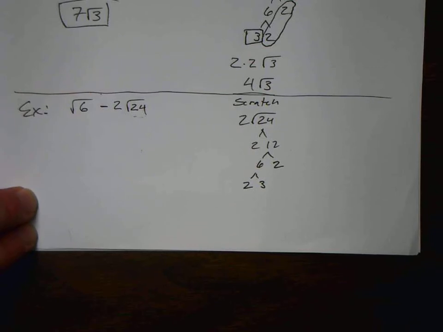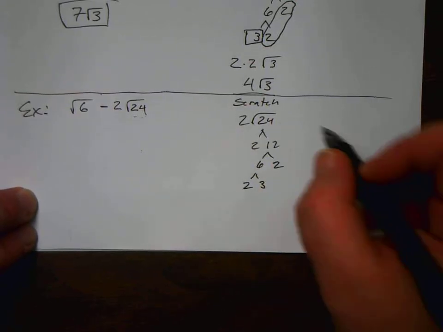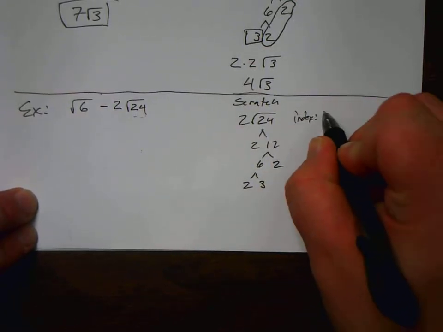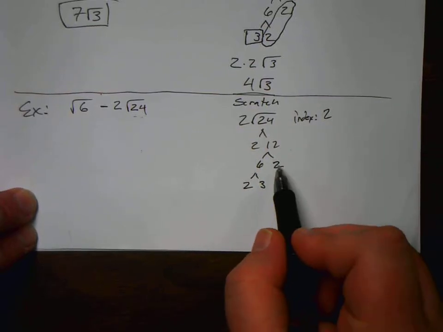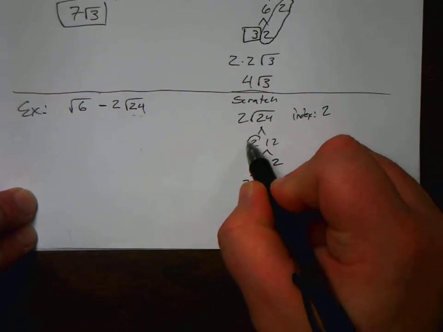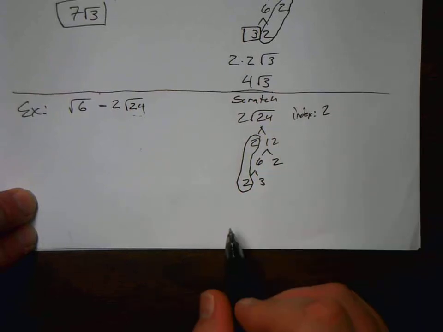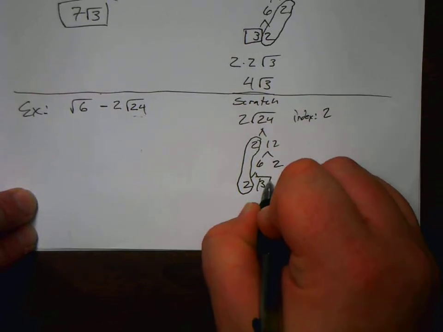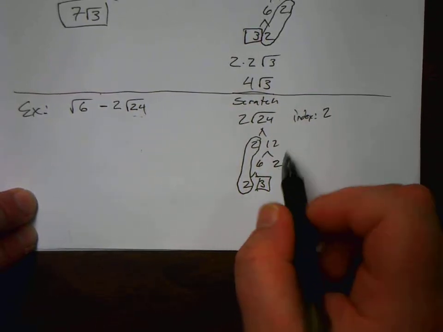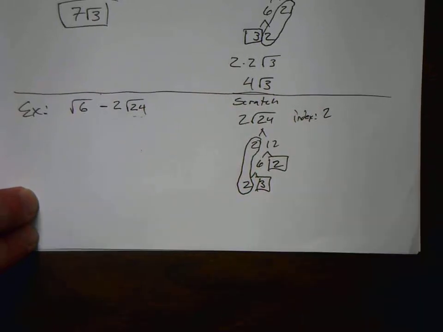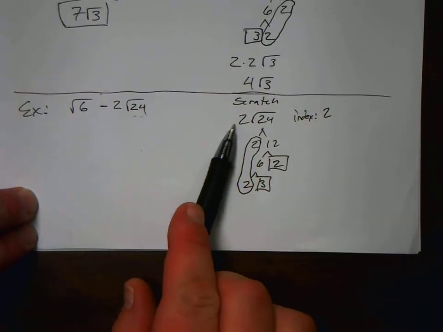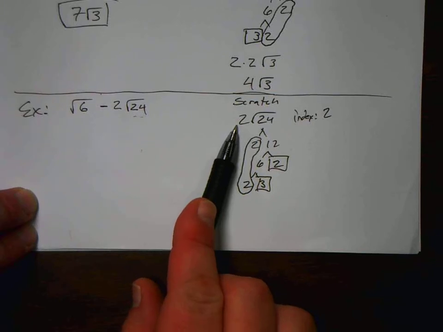My index here is still just 2, so I'm circling groups of 2. So these two here go together. That 3 does not have a friend, so it stays in the box. The other 2 does not have a friend, so it has to stay in the box. And again, this 2 started out front.